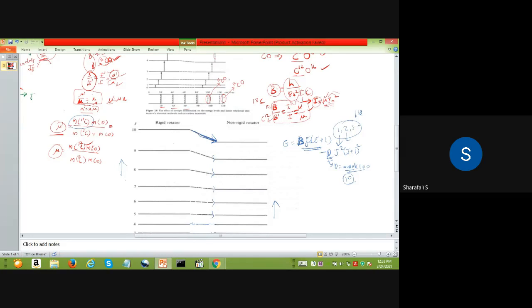But when you consider, for example, J equal to 10 case, then you have to consider 10 square here, so J square will become 100, then (J plus 1) square is 11 square, okay? 10 plus 1 square.